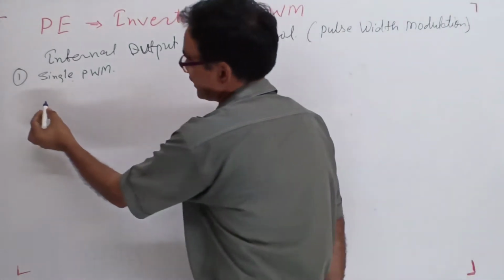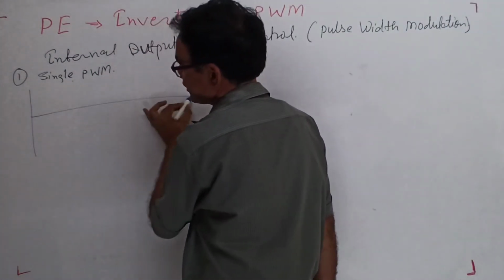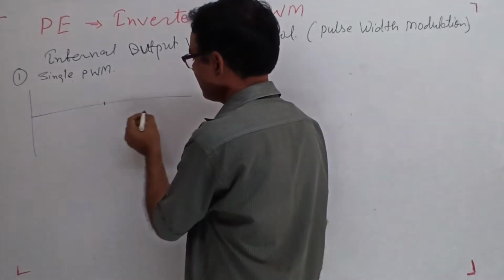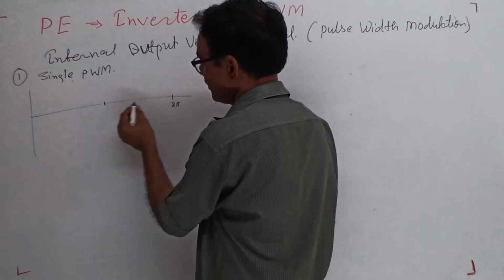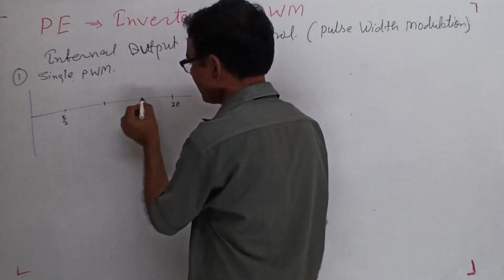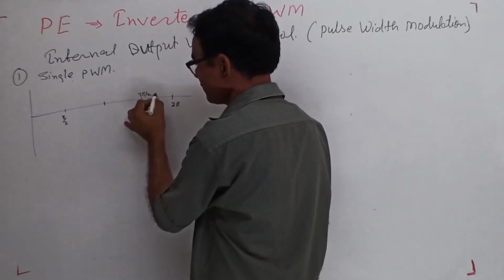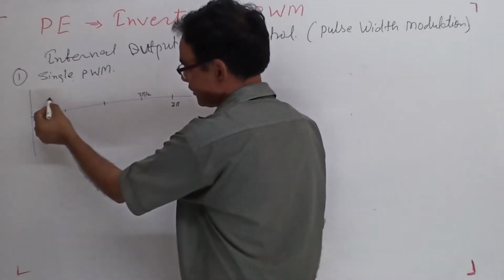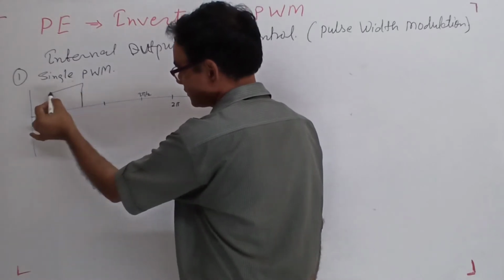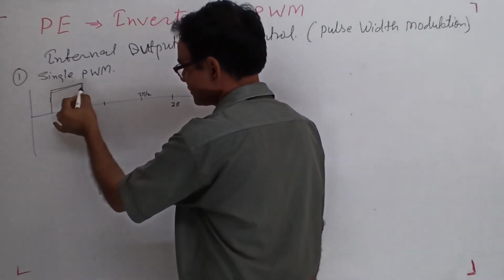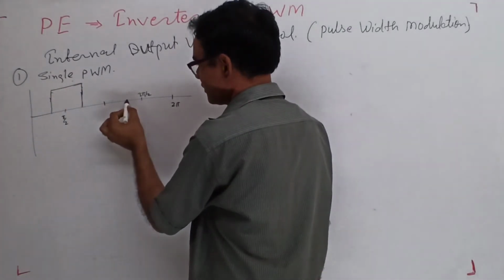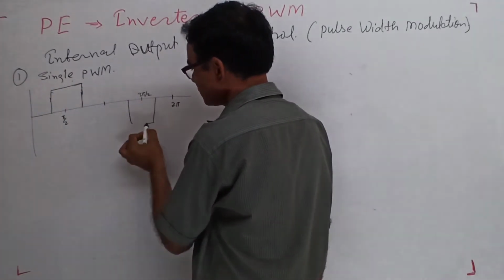This is the single pulse width modulation technique. Here, for the interval pi to 2 pi, there is only one pulse. Pi by 2 is the half interval, and the pulse is symmetrical about pi by 2 on both sides, and here it is also symmetrical about this axis.